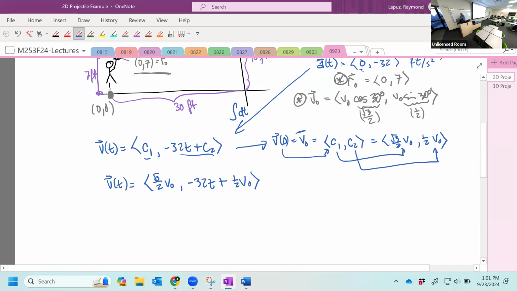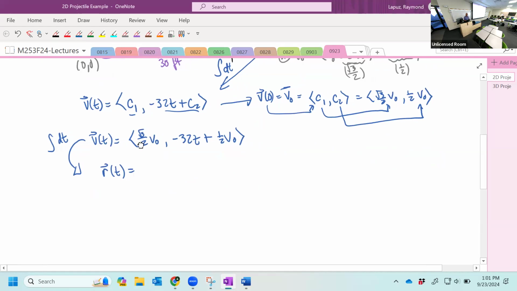All right, from here we go one more time. So we'll integrate one more time to get our position function. And for the first one, we have a constant with respect to t, so it'll be that constant, root 3 over 2 v naught times t.